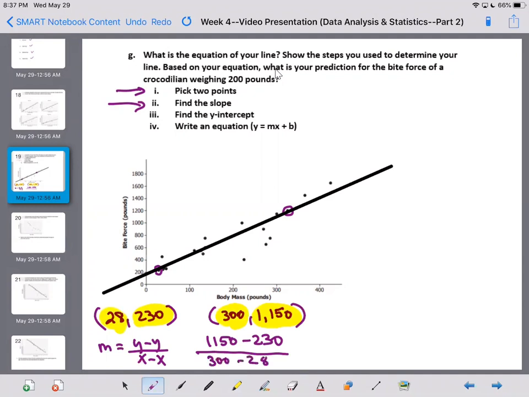That's going to give me a slope. So 1,150 take away 230 gives me 920, and then 300 take away 28 gives me 272. So what is 920 divided by 272? That's going to be approximately 3.38 for the slope.